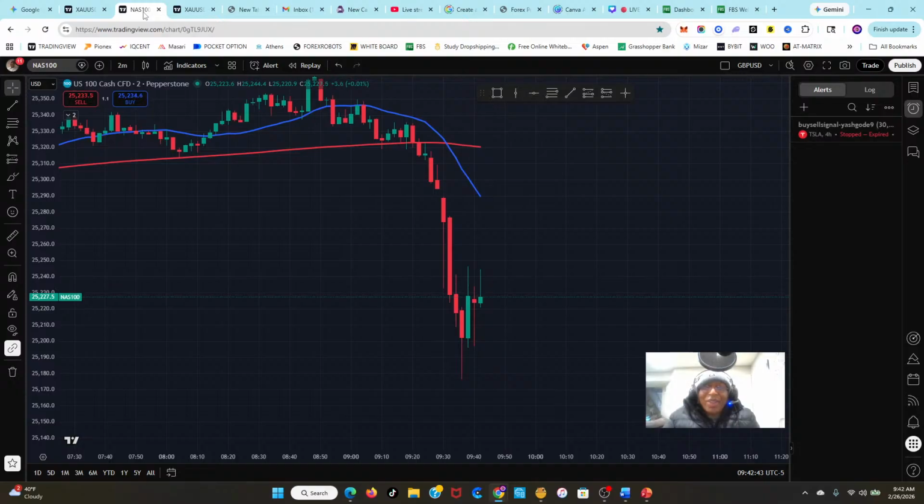So the first trade is always your best trade. The second trades, not really. But you can still get in here. It's printing another power bar.